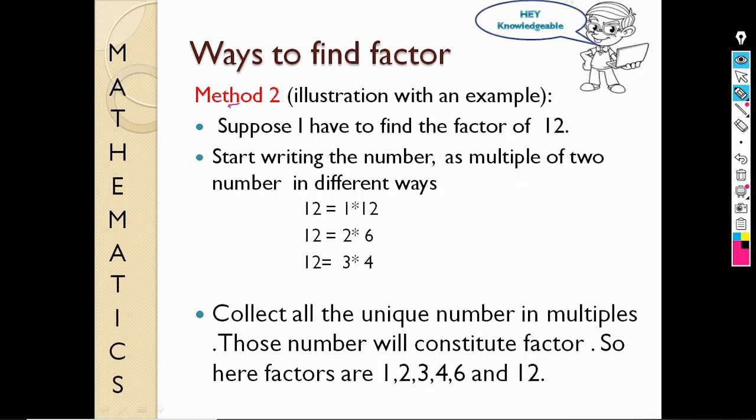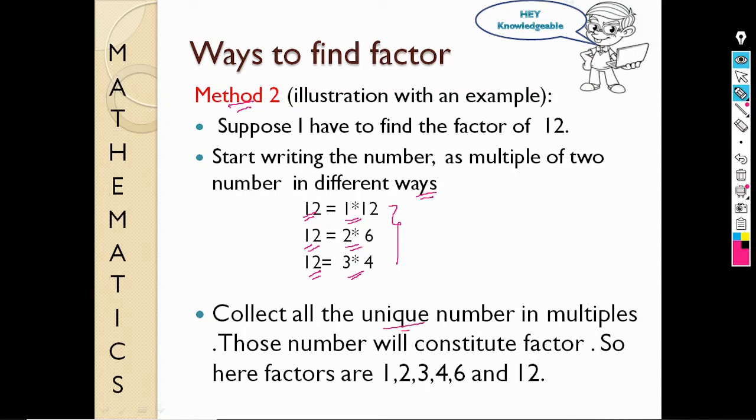Now we'll see method 2 with an example. Suppose I have to find the factors of 12. Then start writing the number as a product of two numbers in different ways. We can write 12 as 1 into 12, 12 as 2 into 6, and 12 as 3 into 4. These are the three unique ways in which we can write 12 as a product of two numbers.